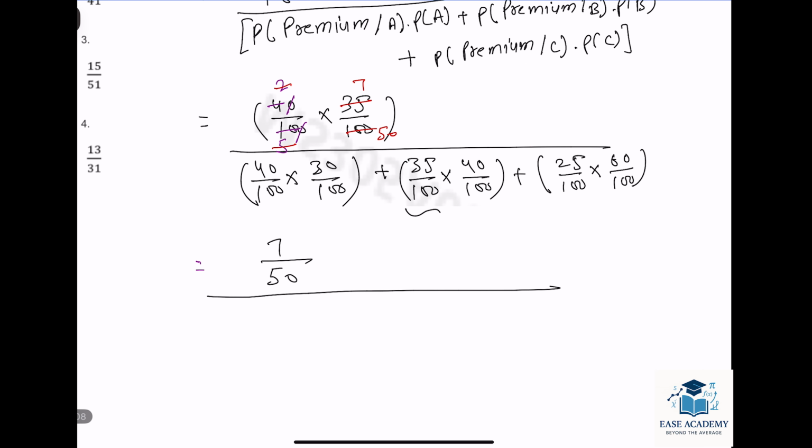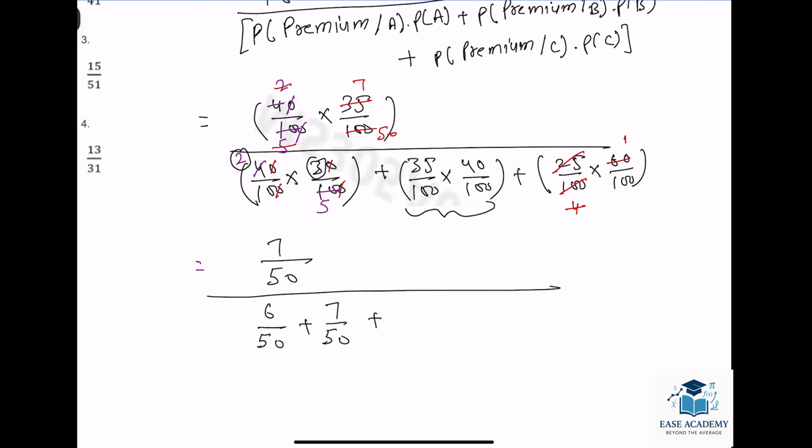Similarly the other term is 6 by 50, cancelling the zeros.